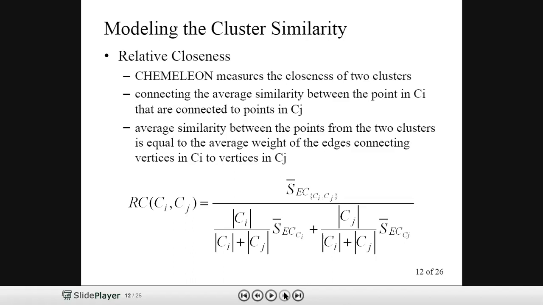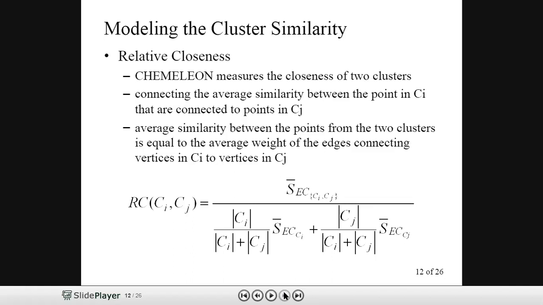Here, the average similarity between the points in Ci that are connected to the points in Cj is equal to the average weight of the edges connecting vertices in Ci to the vertices in Cj.